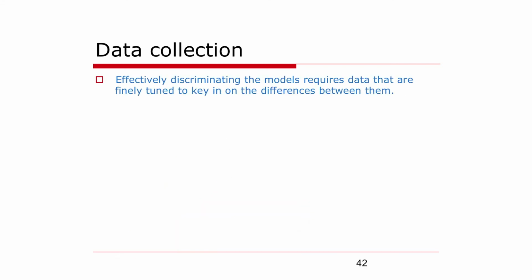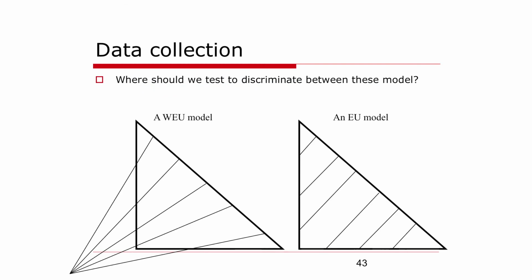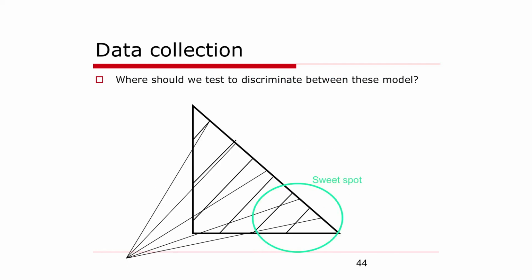So the idea is, is there any way we can come up with the kinds of gamble pairs that can discriminate between these two, EU versus WEU? And there is one, because here's again the typical pattern of weighted EU versus standard EU. If you present the gamble pair in this corner, you can see that those 2 theories make differential predictions, but not in these regions here. So this is what I call the sweet spot.